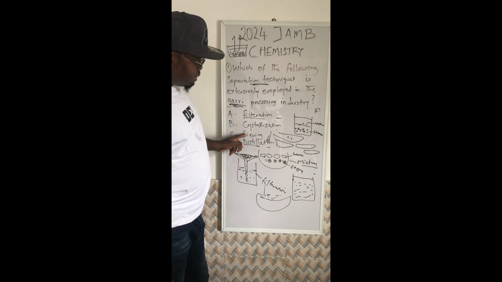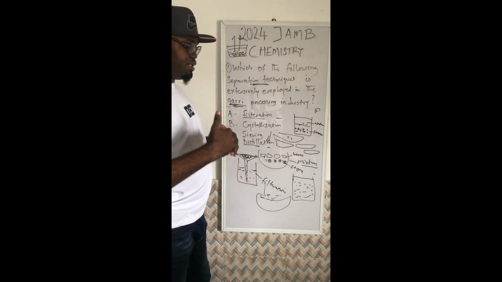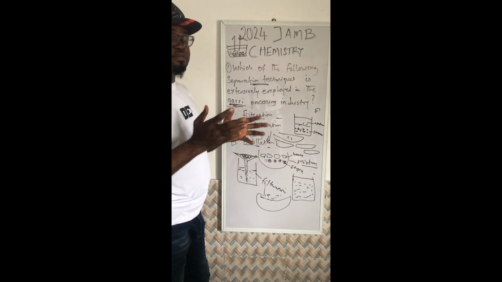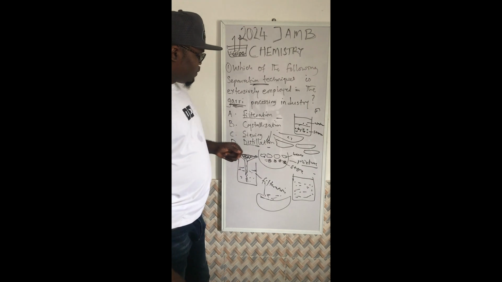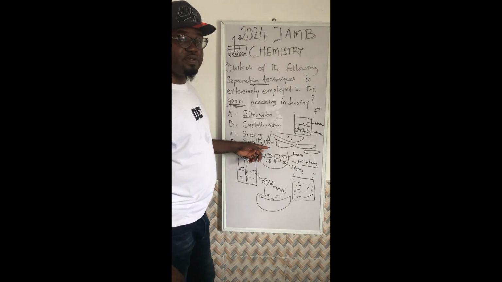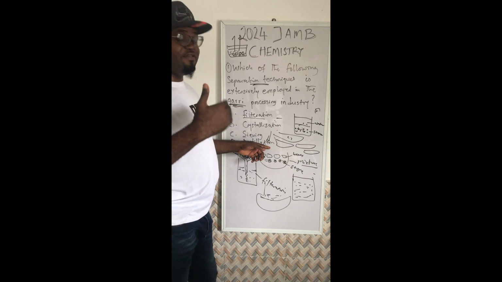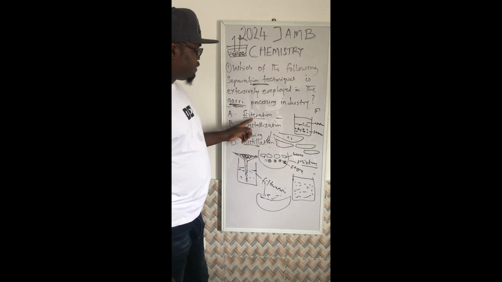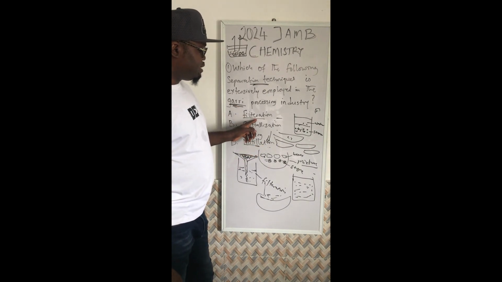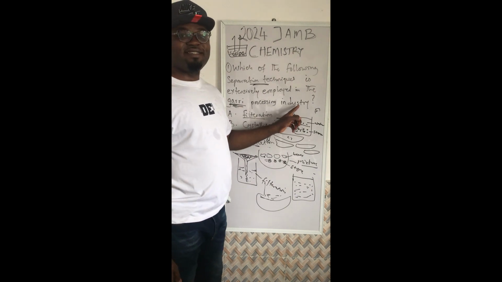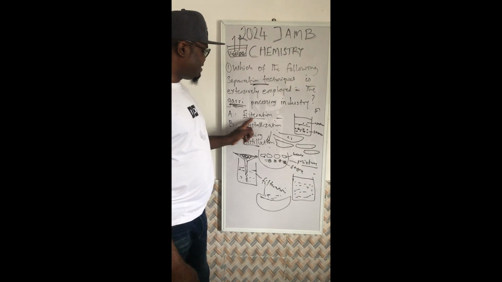Sieving is something that you can do when you have a sieve, so you can sieve out things of different sizes. Whereas distillation is a separation process that you can use in separating components that have different boiling points. So filtration is a method that you always encounter whenever you're doing Gari processing. So the right answer is A.